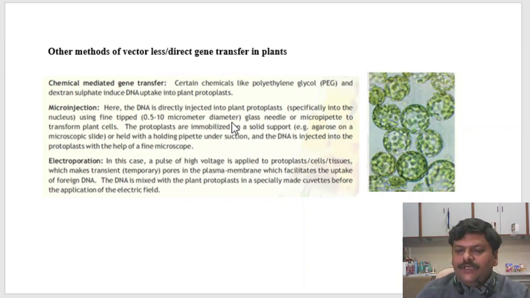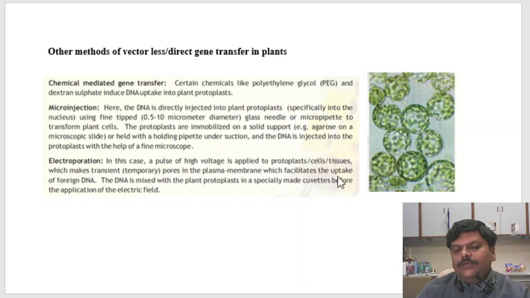Microinjection is a type of injection only. The needle is very thin, and through that needle the genes or the DNA is injected directly into the protoplast. Electroporation is again a method which is used for isolated protoplasts only, and in this case the protoplast is mixed with the DNA in a liquid media, and a mild electric shock is provided.